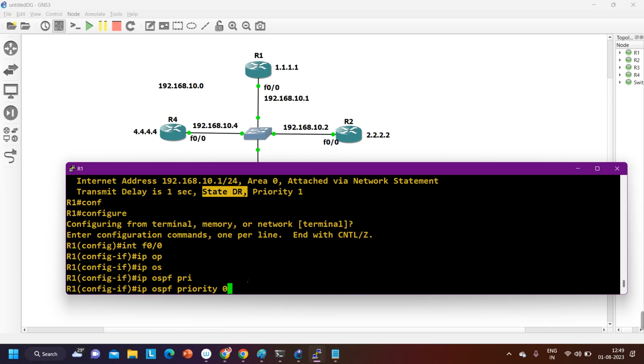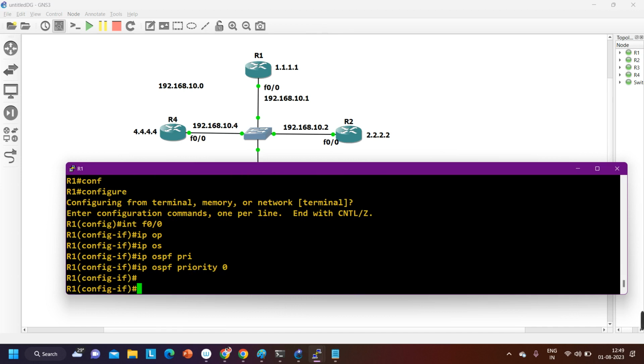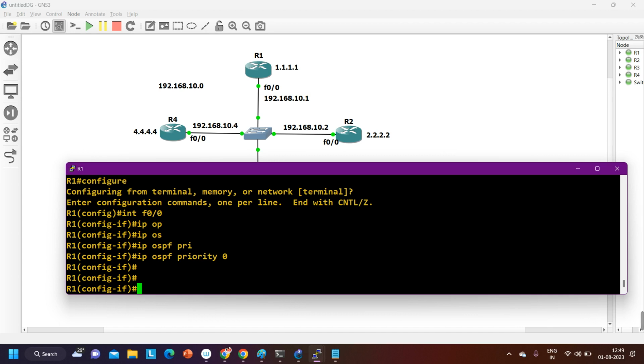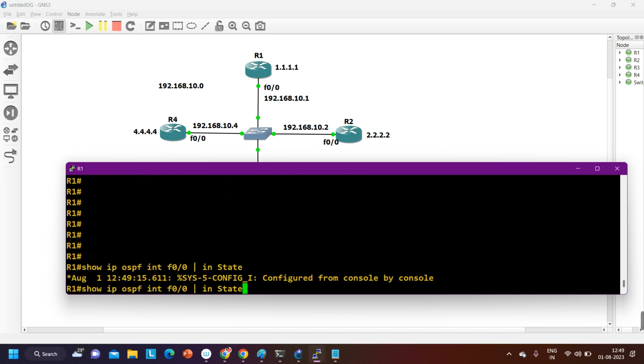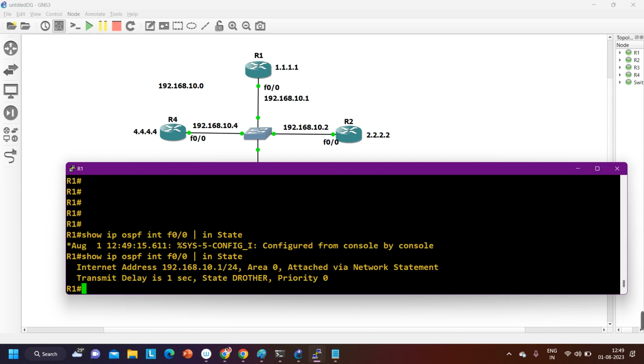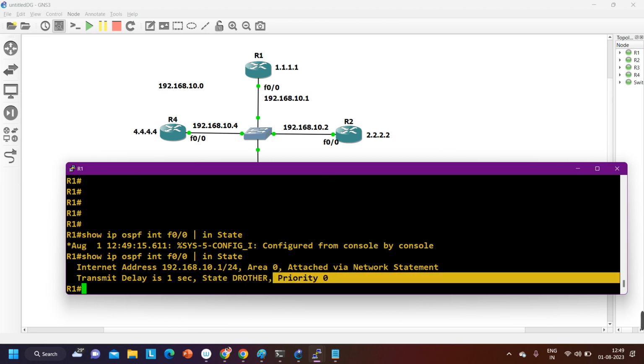If I set priority 0, then this router will never become DR. Now I have set priority 0, and checking show ip ospf interface FastEthernet 0/0, you can see this router is DR other, because the priority of this interface is 0.